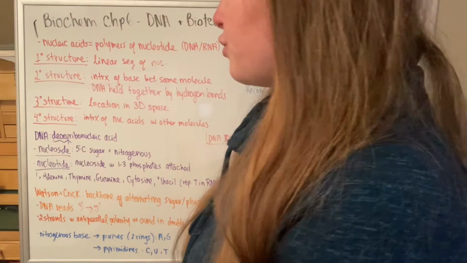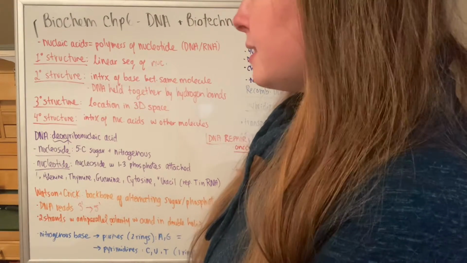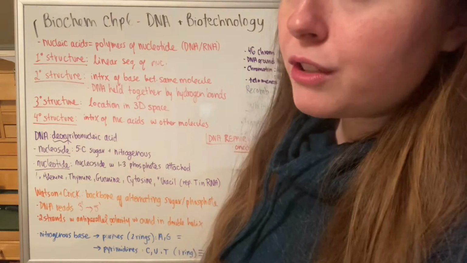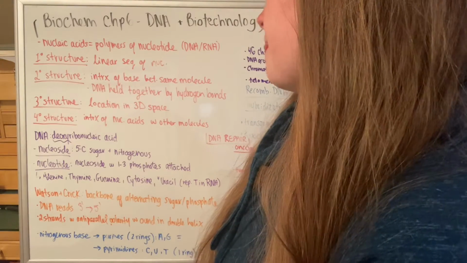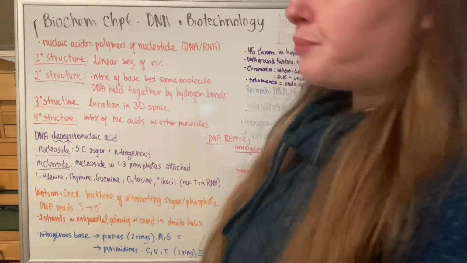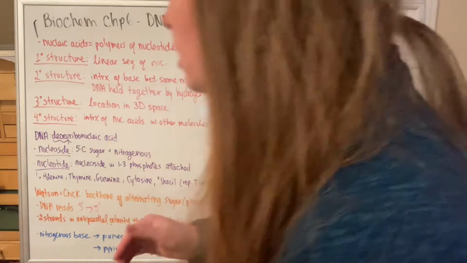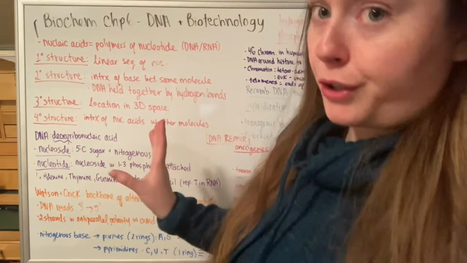We have the tertiary structure, which is its location in 3D space. And then we have the quaternary structure, which is the interaction of nucleic acids with other molecules. So there are 4 levels of nucleic acid structure.